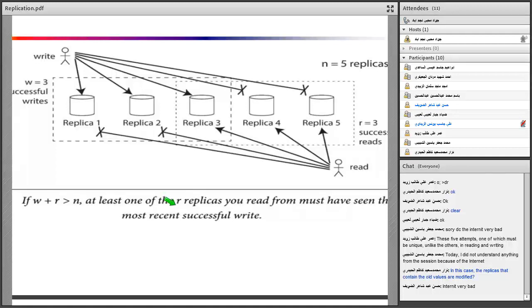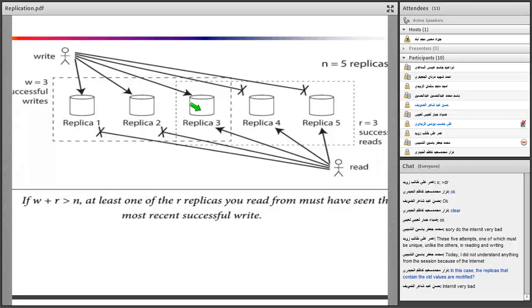Okay, and some questions. Nazar asked, yes, Nazar, but I'm going to talk about the quorum for write and read, quorum write and read, and when we can be sure that at least one of the replicas must have seen the most recent successful write.